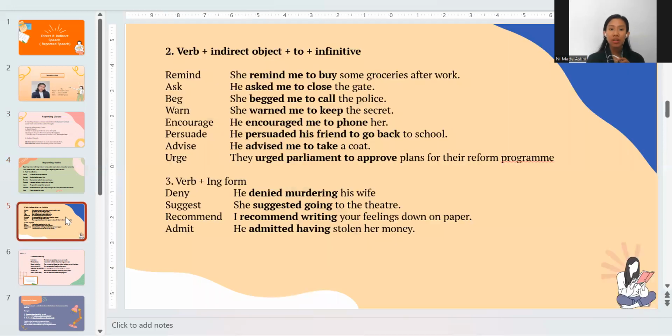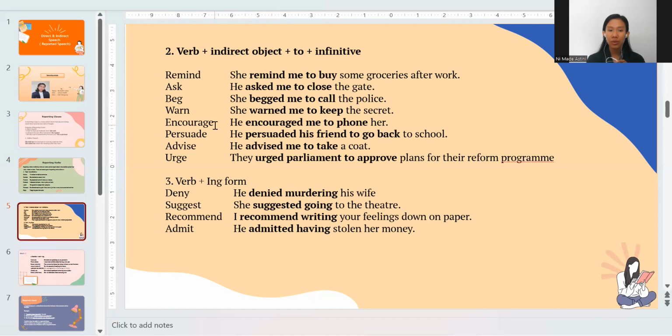The second type is verb plus indirect object plus to-infinitive. There is remind: she reminded me to buy some groceries after work. Ask: he asked me to close the gate. Beg: she begged me to call the police. Warn: he warned me to keep the secret.